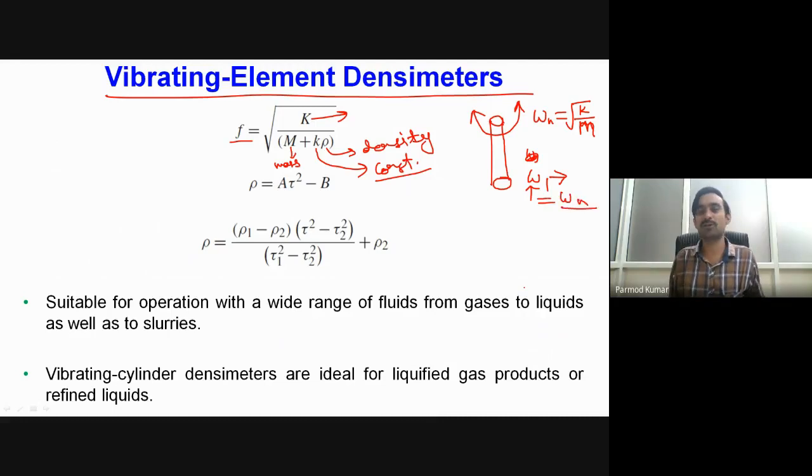Once we know the natural frequency and the individual values K, M, and small k, we can determine the value of density. So this is the fundamental principle.